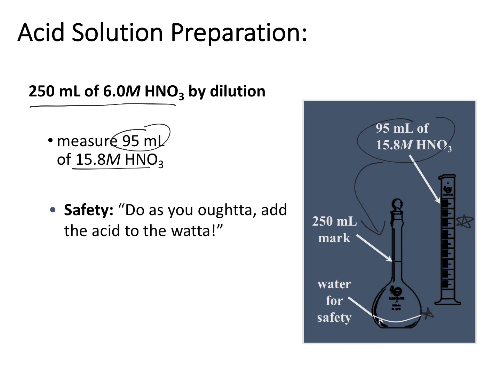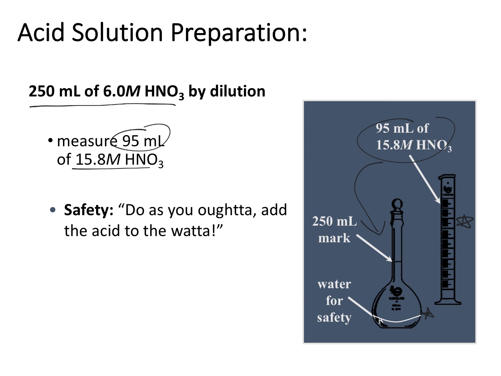So if you add the acid and then follow it up with the water, that heat transfer will cause the liquid water to vaporize, and you'll subsequently end up with splattering. And splattering and concentrated acids are no good situation.